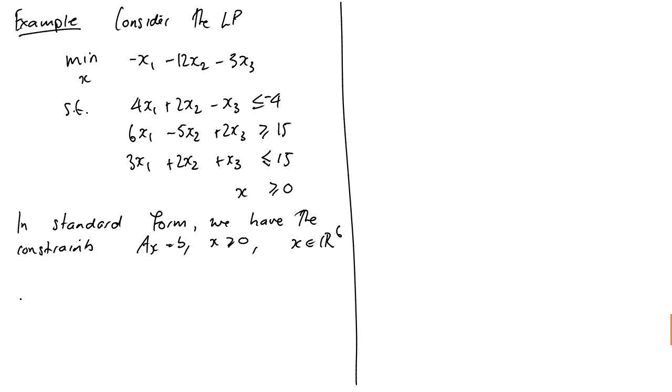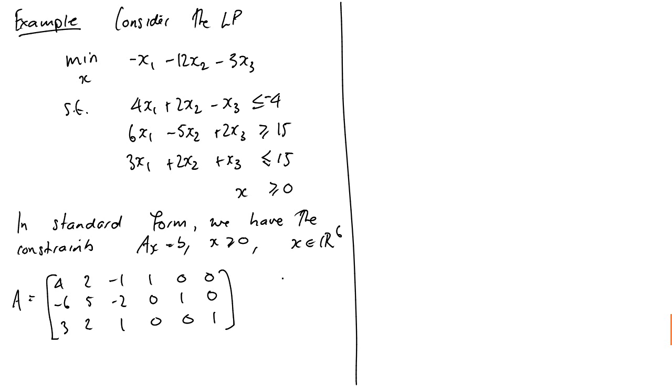So the matrix A in our standard form looks like this: 4, 2, -1, 1, 0, 0, -6, 5, -2, 0, 1, 0, 3, 2, 1, 0, 0, 1, and our right hand side is -4, -15, and 15. So we've added in 3 slack variables. These are the constraint matrices for our standard form.